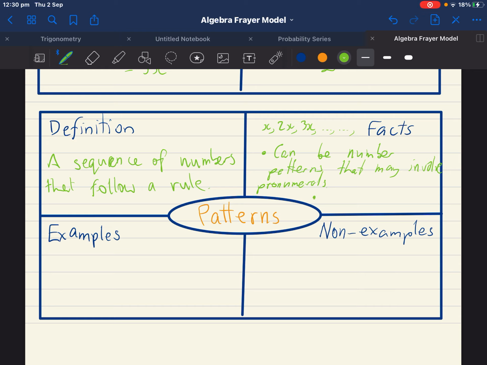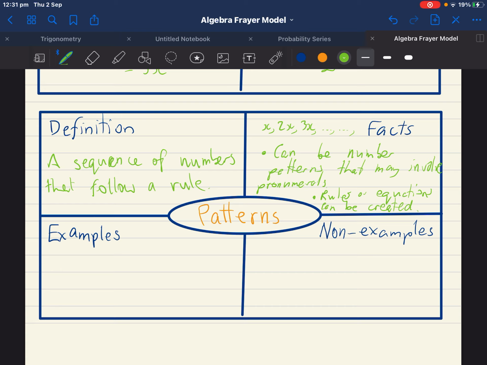What's another fact you might have had for patterns? Like, they involve numbers. The number patterns can go up, they can go down. Rules or equations can be created for each pattern, etc. So I guess there's lots of different things you could write down in that facts section.